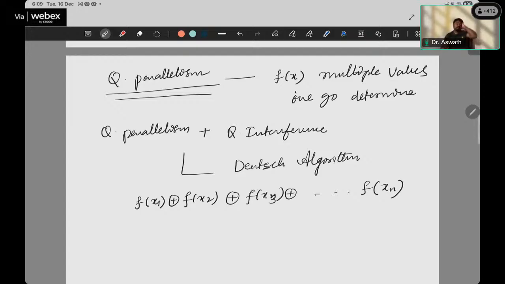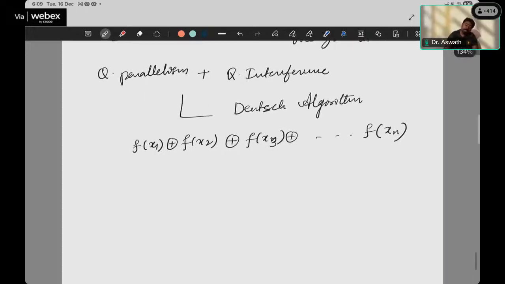Now, earlier I said the Deutsch algorithm is a specific case of the Deutsch-Jozsa algorithm. If you implement that here, let's say the function is constant, it means all of them are zeros. What do I get? The sum is simply zero. If all of them are ones, and there are an even number of them, then also I'll get zero.